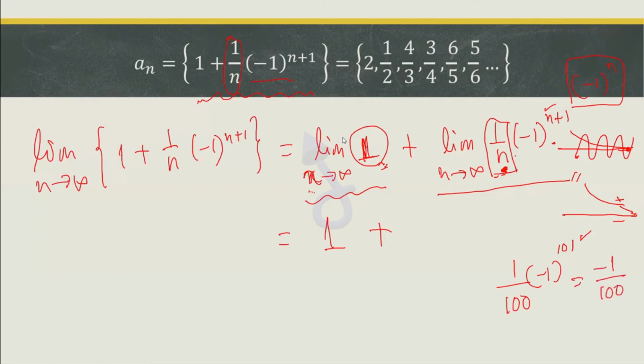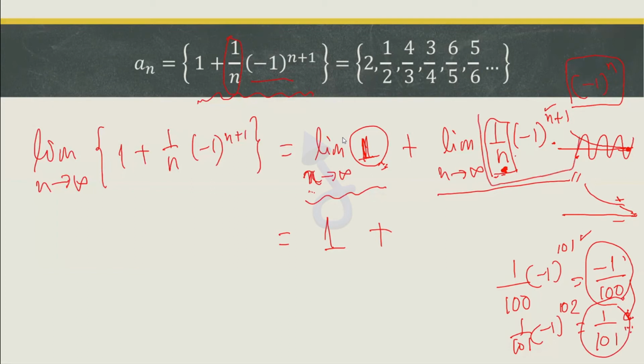And when we do that for 101, we obtain this value. So although the signs are different, clearly their absolute values are getting closer and closer to zero. And so we can say that this whole expression approaches zero as n approaches infinity.